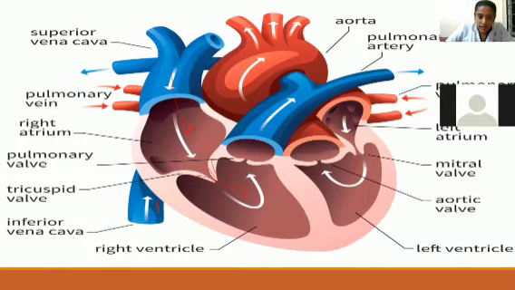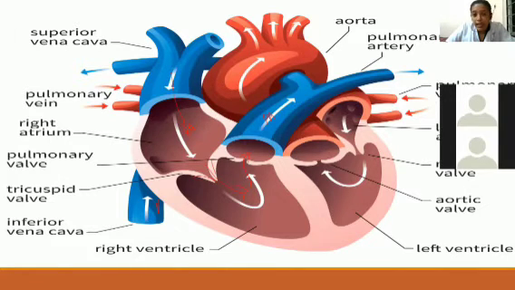From the right ventricle the blood will go to the pulmonary artery. One question you can expect: the artery in the adult human body which carries deoxygenated blood, that is the pulmonary artery.